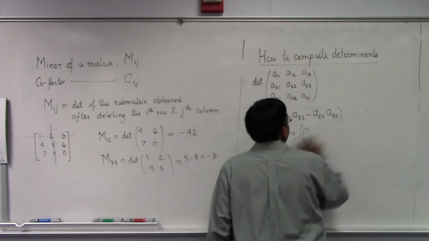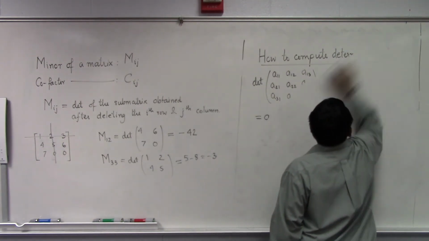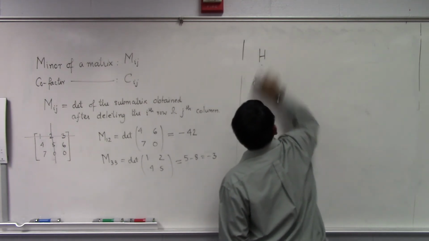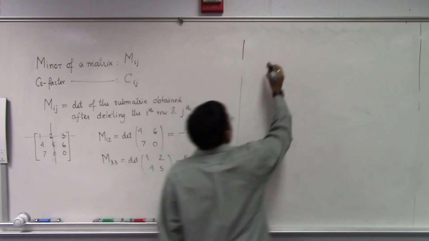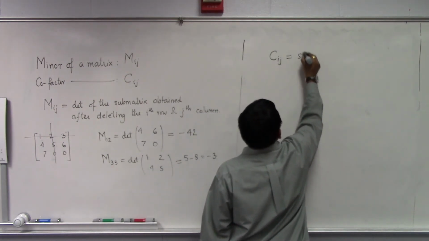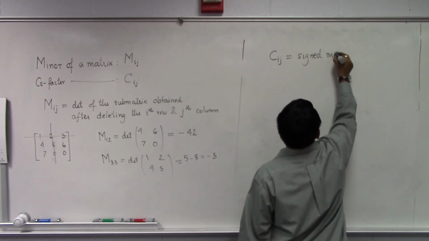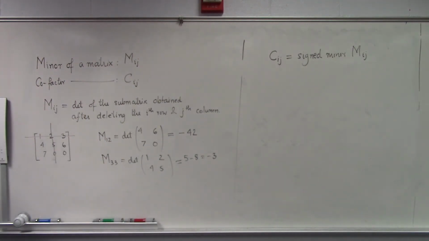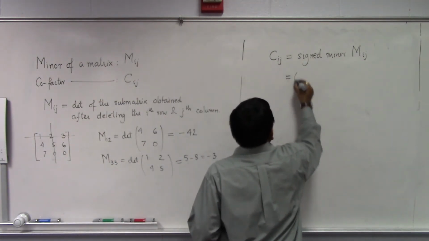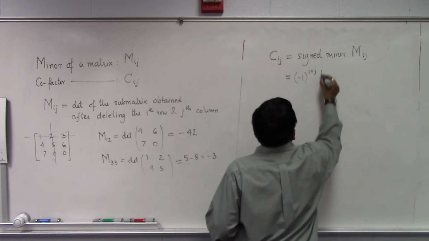Cofactor is what I like to call a minor with a sign, the signed minor, which is basically minus 1 to the i plus j times Mij.